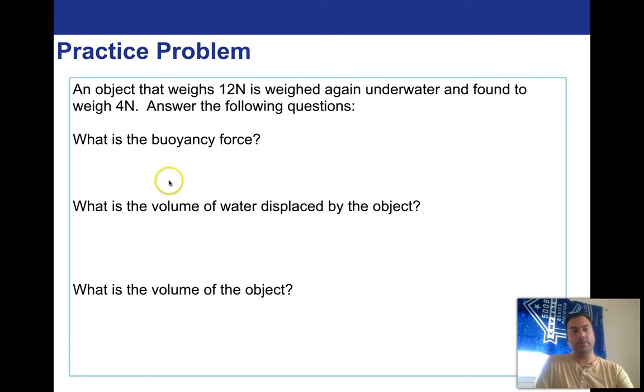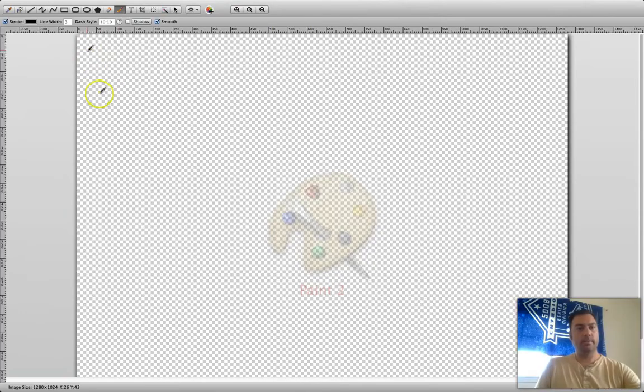That's actually pretty straightforward. We know that from the lecture. What is the buoyancy force? Let's do a drawing. Okay, so we have a liquid, and we've dropped some object in it. We don't know what the object's mass is or anything like that.